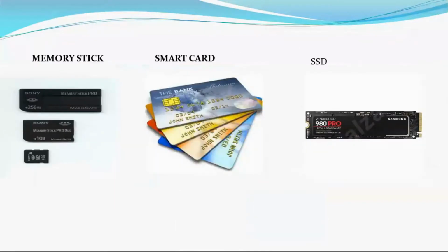Now we also have what we call the smart card. With the smart card, we make use of a small chip embedded into these cards, onto which information is stored. For example, when you look at your bank ATM cards, or your parents' ATM cards, you'll notice that almost all of them have something like that.